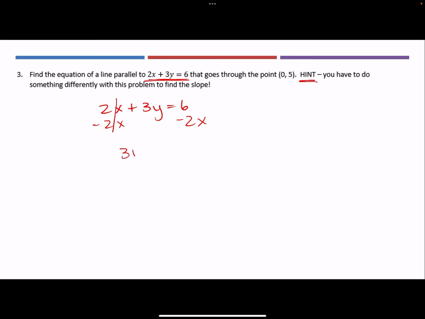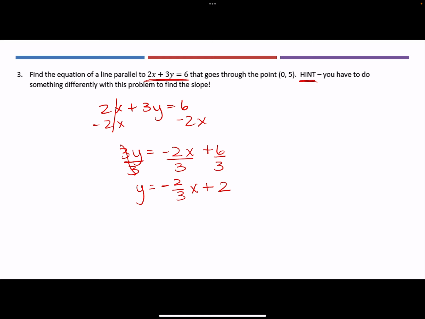And I have 3y equals negative 2x plus 6 because the 6 and the 2x are not like terms. I can't combine them. And then to get y by itself, I have to divide by 3. I'm dividing everything by 3. And I get y is equal to negative 2/3 x plus 6 divided by 3 is 2.